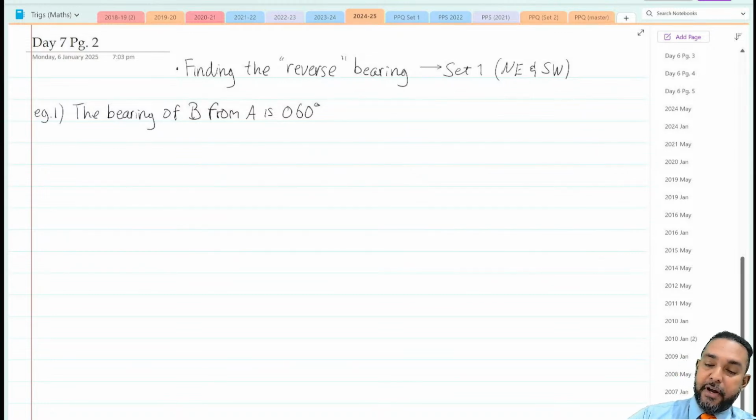What is the bearing of A? Here, they give you the bearing of B from A. And now they're asking you, what is the bearing of A from B?